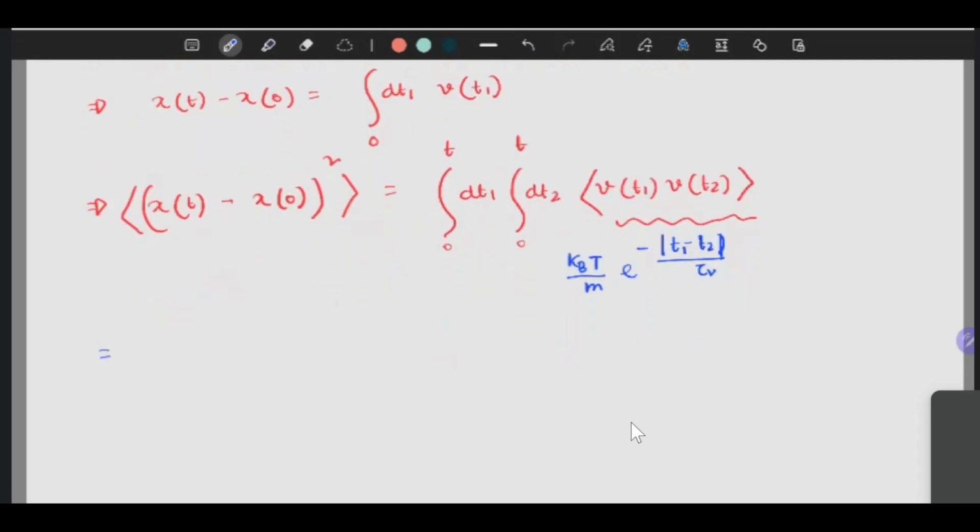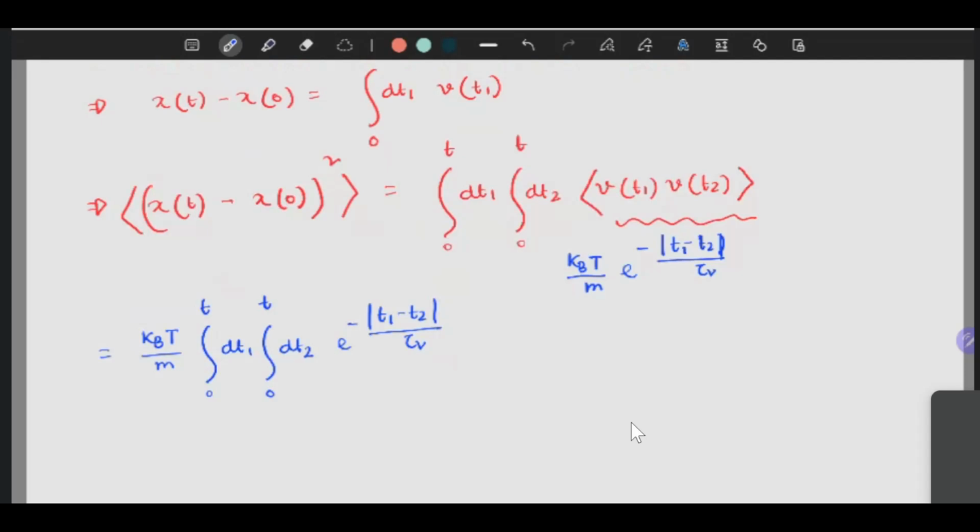So we are writing this, k_B T by m integral 0 to t dt1 integral 0 to t dt2 e to the power minus mod t1 minus t2 by tau_v. Okay, so this is the relation.